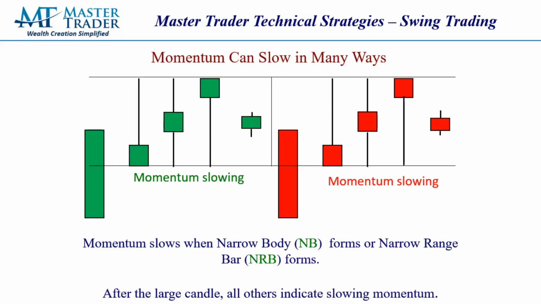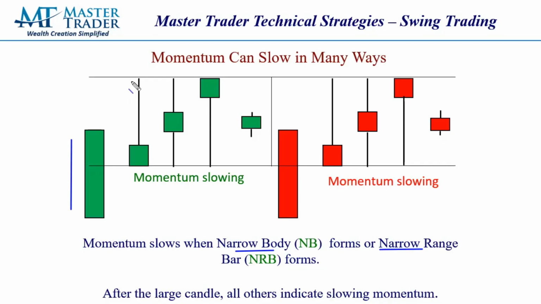Momentum can slow down in a lot of different ways. As mentioned, these candles can form in so many different ways. But let's assume we're starting out with a big wide range bar, so we can see that this candle is bigger than the others. How do we define momentum slowing down? A small candle body or a small range.